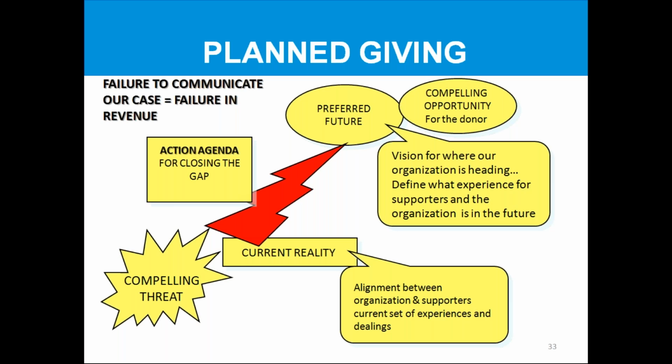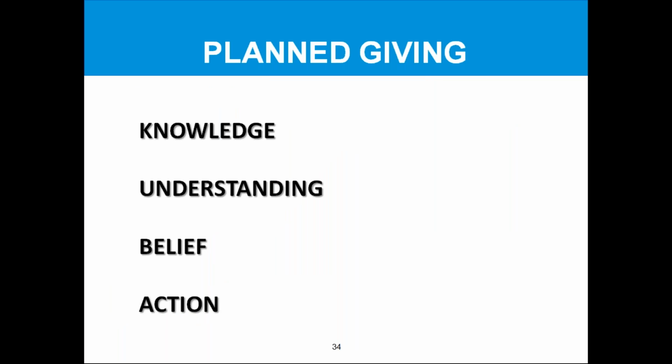Where are we planning to go? How are we going to get there, and how can you help us? This is how you start your case for support. And I always say, failure to communicate our case is failure in revenue. And planned giving is the perfect vehicle to be able to say, here's where we want to be in 5 years.